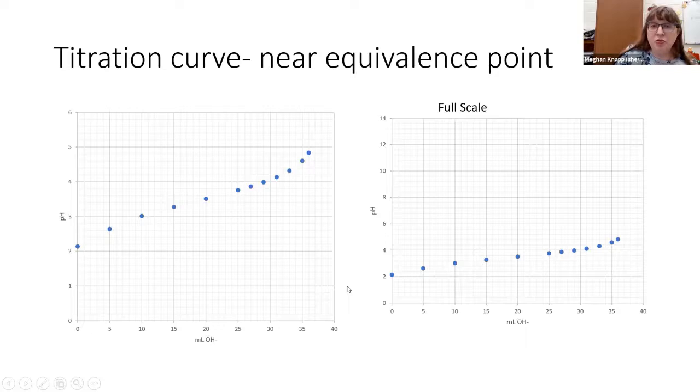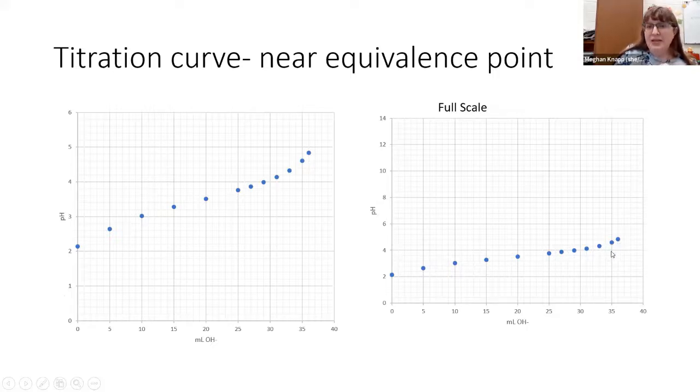As we approach the equivalence point, you'll notice that this flat line starts to curve up. It's more dramatic here when we have it auto-scaled, and the graphical analysis sometimes will auto-scale, but you can also see it on the full scale.